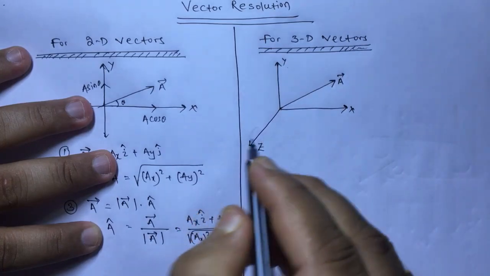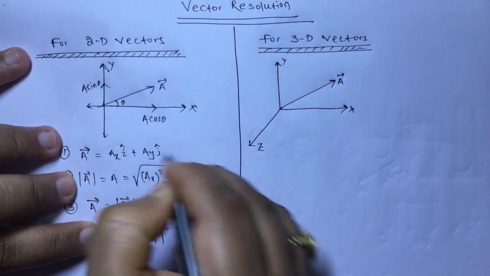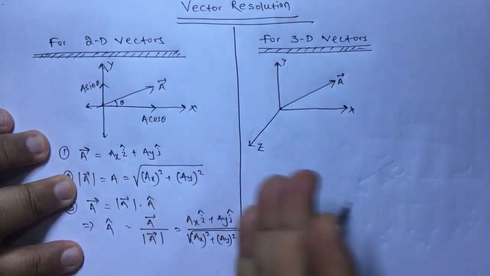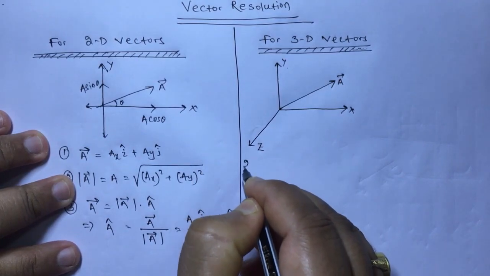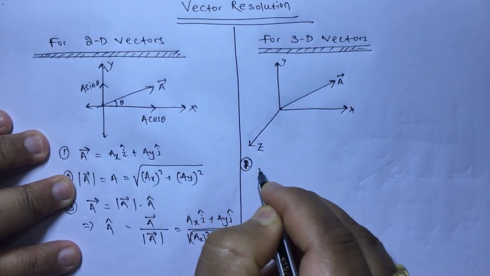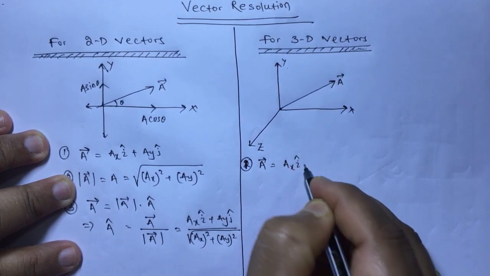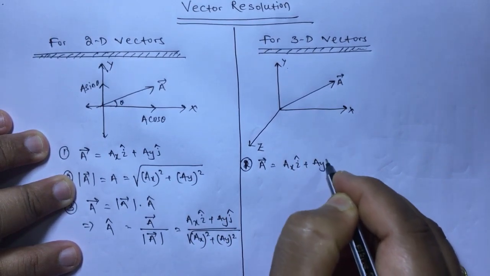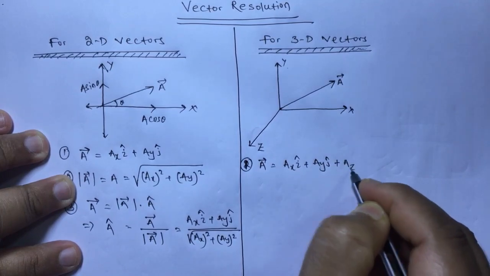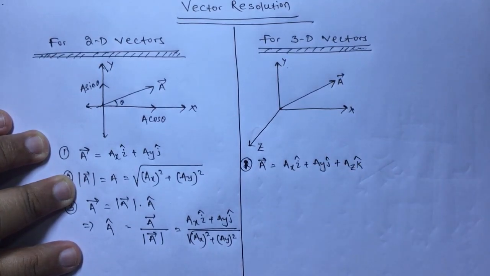Exactly the same formula, if we extend to 3D, then I can write that A vector can be written as Ax i cap plus Ay j cap plus Az k cap.